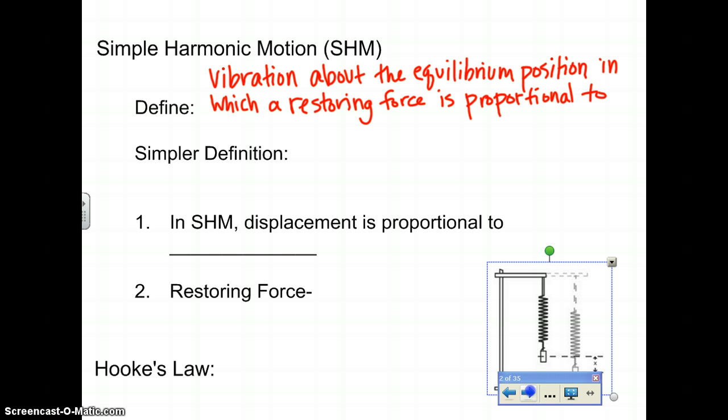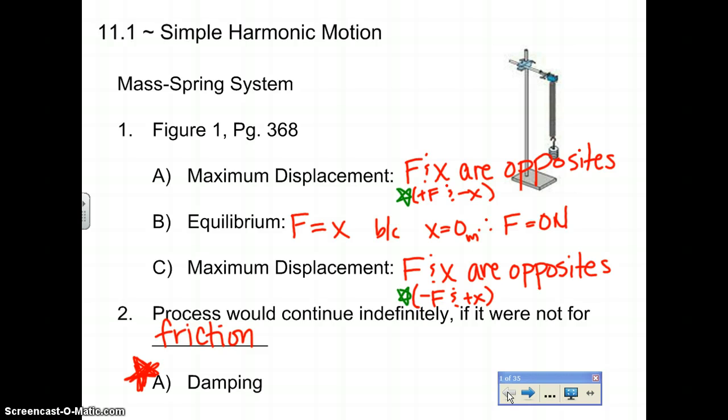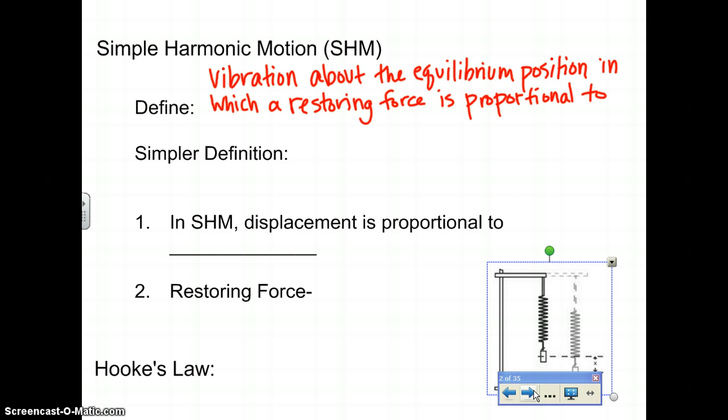Vibration about equilibrium position, so you're oscillating past the equilibrium, back towards the equilibrium, past the equilibrium, back towards the equilibrium. Okay, so vibration about equilibrium position in which a restoring force is proportional to the what? What did we talk about on this slide? Okay, what would your force be proportional to? It'd be proportional to the displacement from equilibrium.